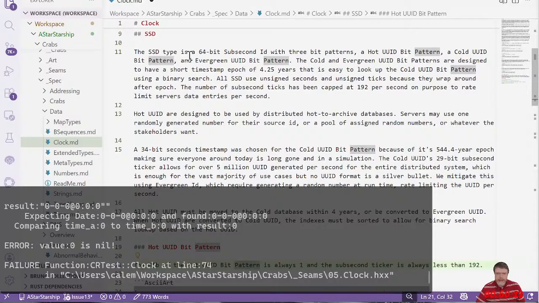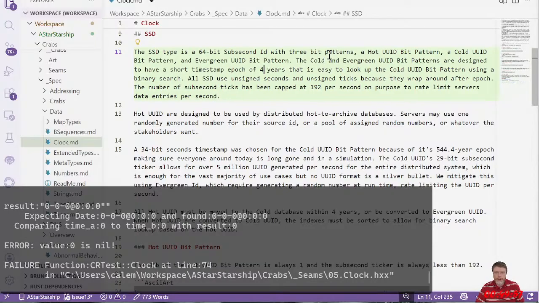The SSD type is a 64-bit sub-second ID with 3 bit patterns: a hot UUID bit pattern, cold UUID bit pattern, and evergreen UUID bit pattern. The cold and evergreen UUID bit patterns are designed to have a short timestamp epoch of, let's just start changing it, 4 years.